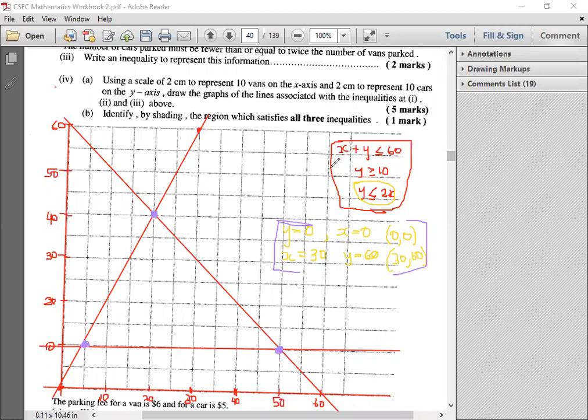It starts from the origin. Just that my line is not coming out right. It should be like this, coming out of the origin.